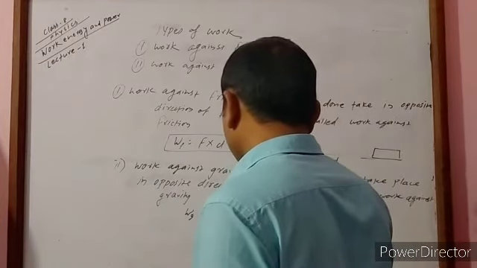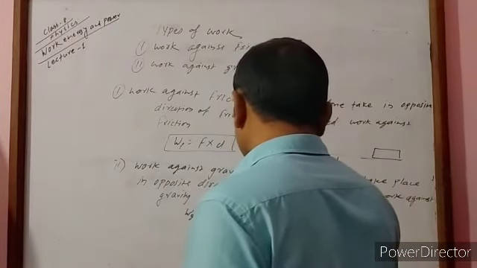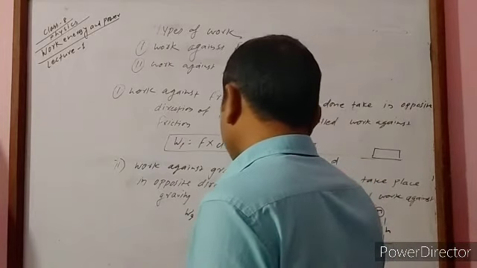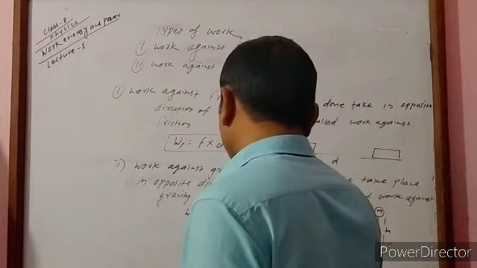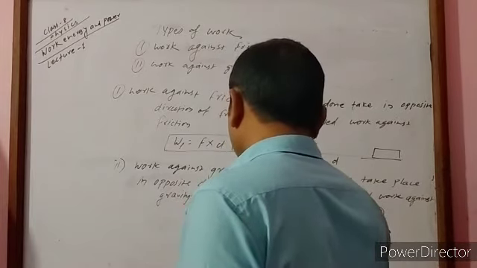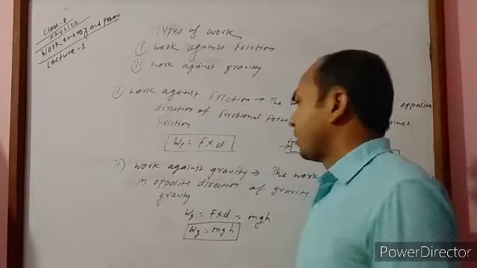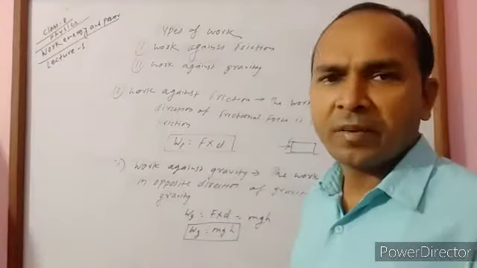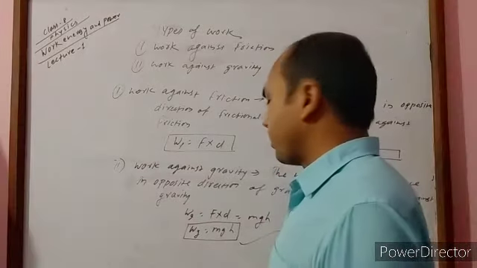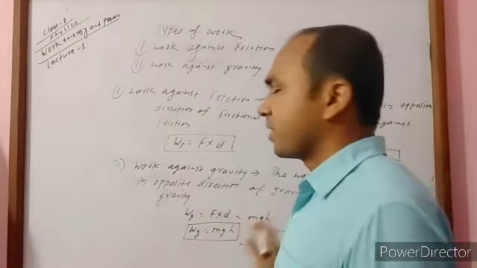Here F means mg, d means s. It means W is equal to mgs, and this is the formula of work done against gravity.